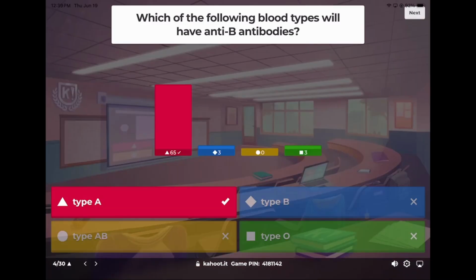Or only anti-B. Okay, I'll put it that way. Only anti-B. Okay? Type A. So, when it comes to these blood types, don't confuse the antigen, which is on the red blood cell, versus the antibody, which is going to attack those antigens. So make sure you clear all those up.